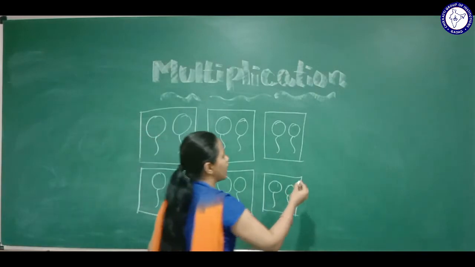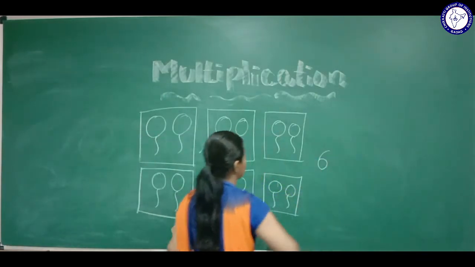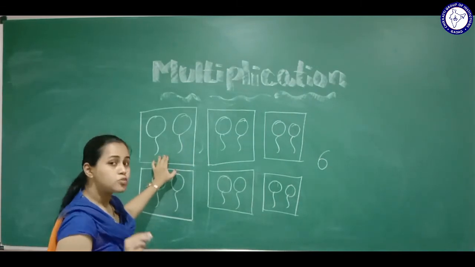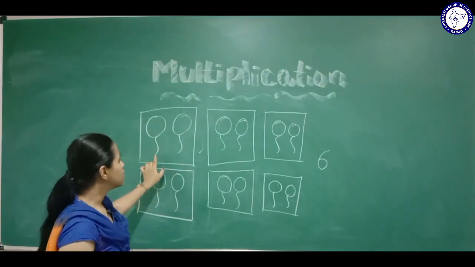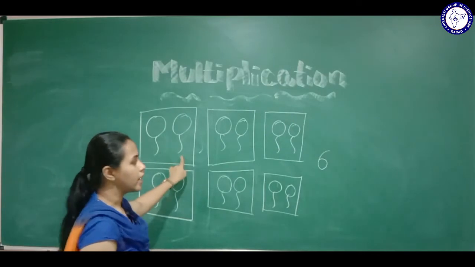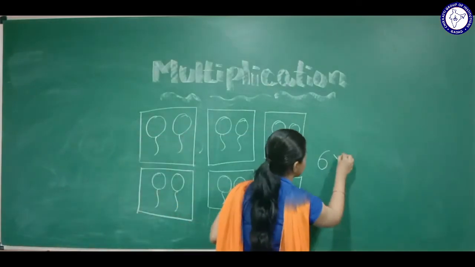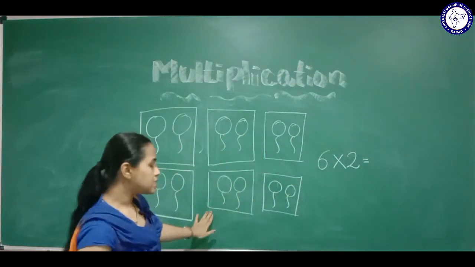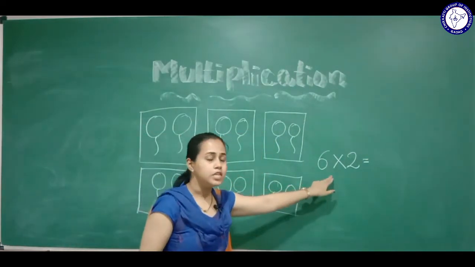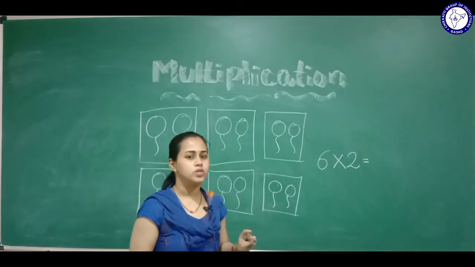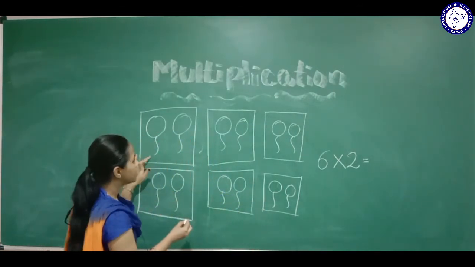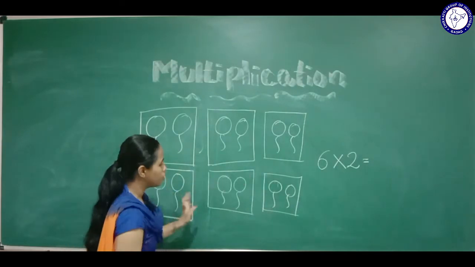So we have 6 boxes. And in each box how many balloons are there? 1, 2. So we should multiply. With the 6 boxes, each has 2 balloons. So how many times? 1, 2, 3, 4, 5, 6.